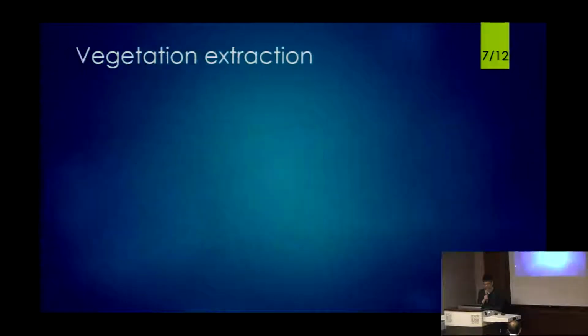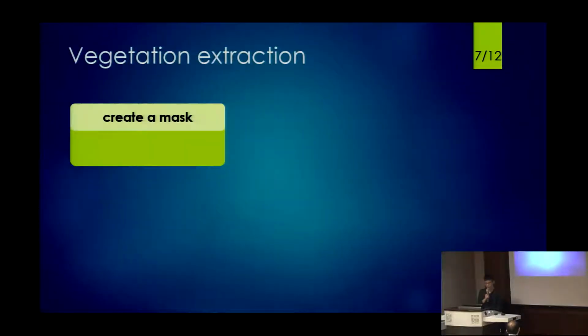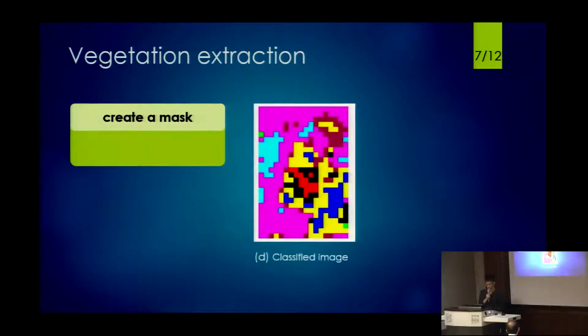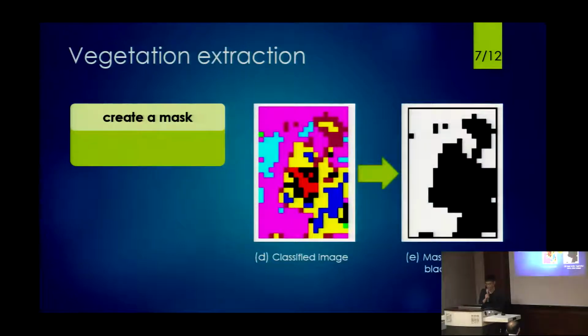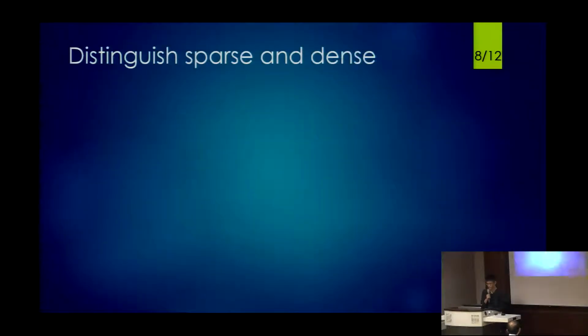Then for the vegetation extraction, they make a mask to turn this classified image into this. The white is the vegetation area, and the black is the other classes.